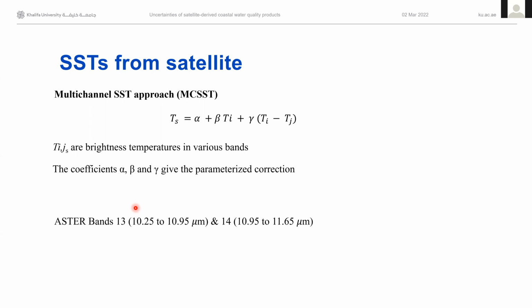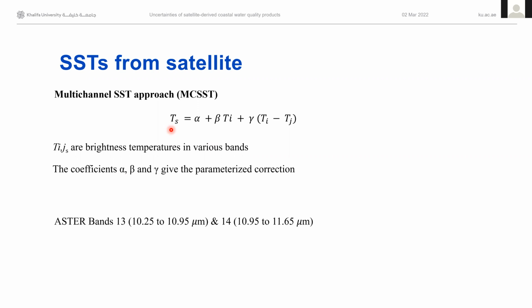As you can see here in the equation, Ts, which is the sea surface temperature, is a function of the brightness temperature in various bands, basically in two bands, and these two bands are the thermal bands. The coefficients alpha, beta, and gamma give the parameterized correction. Basically they are just parameters that have been estimated based on the sea surface temperature of the observation.